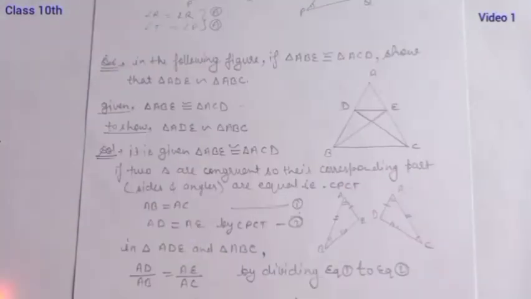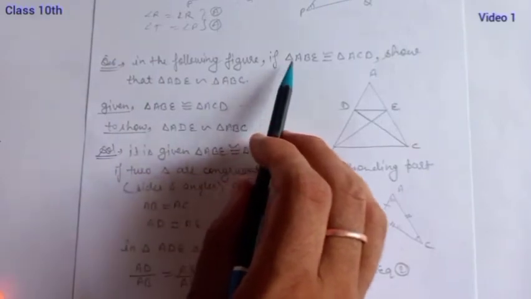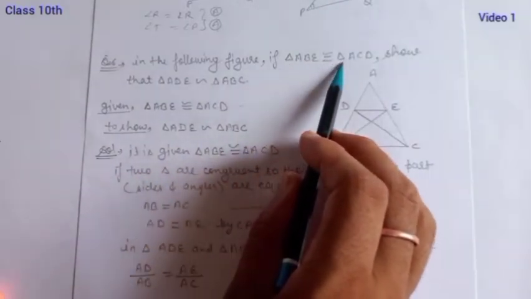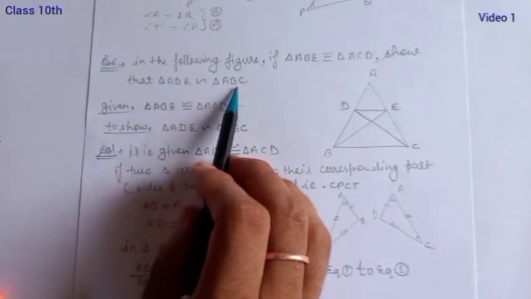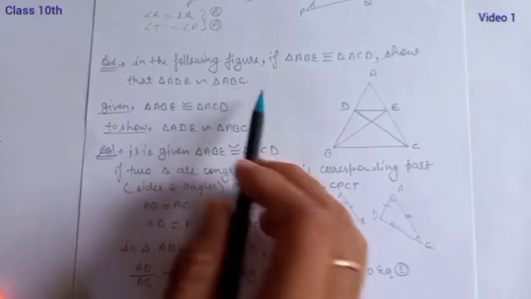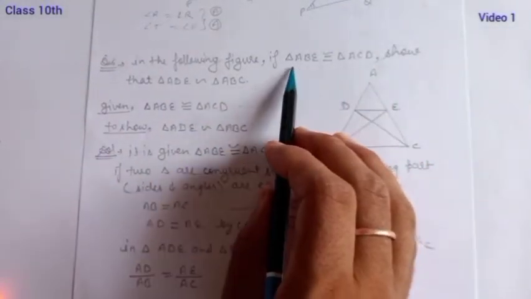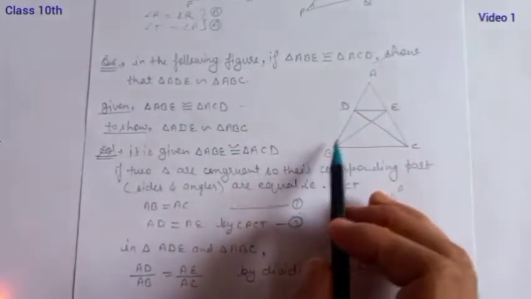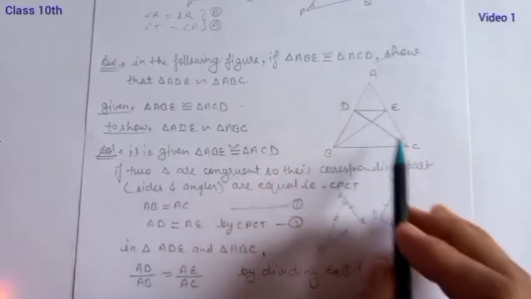Now let's start, question number 6. In the following figure, if triangle ABE is congruent to triangle ACD, show that triangle ADE is similar to ABC. Okay students, the figure is given here. In this figure, which triangles are congruent? See, ABE is this part, and the other is ACD.